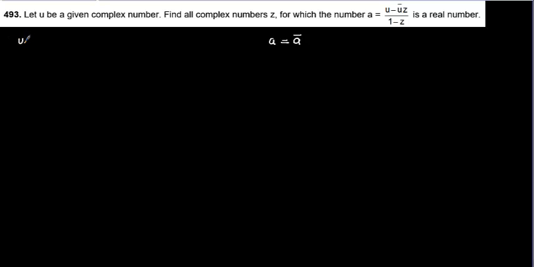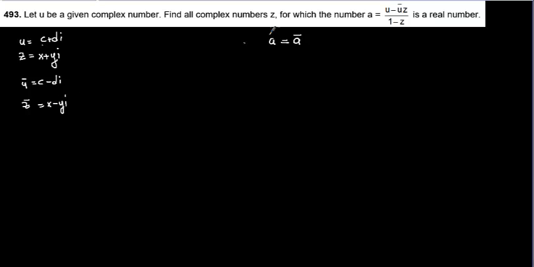Which means if U is equal to A plus BI and Z is equal to X plus YI, and U, instead of A plus BI, let me use another form, U is equal to C plus DI, then here the U conjugate is going to be equal to C minus DI, and Z conjugate is going to be equal to X minus YI.